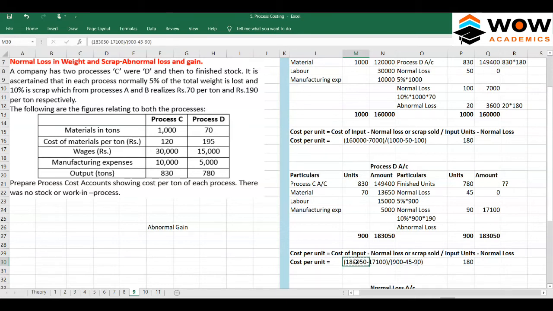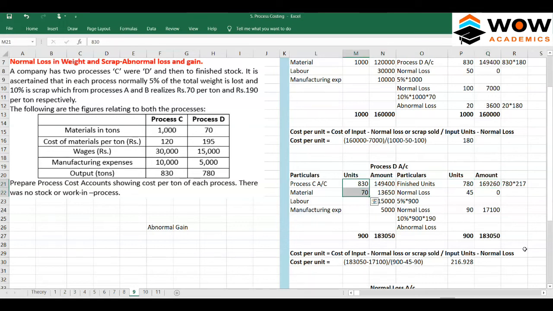So let's get the value. The value is 217. I think we'll take it as 217. So 780 into 217. The value is 1,69,260.